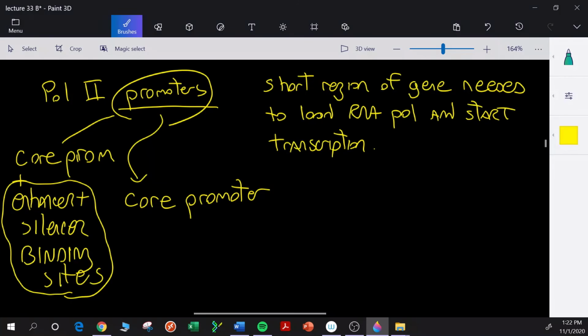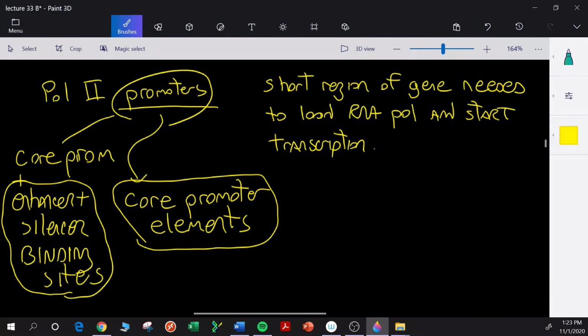The core promoter elements are in the core promoter, and these are essential or critical for loading RNA polymerase onto the DNA and starting transcription. They're not accessory elements at all. They're not involved in increasing or decreasing the rate. We're considering these to be just the sequences needed to get RNA polymerase into position.